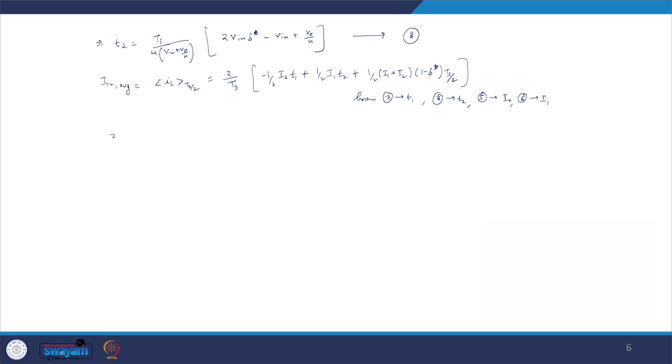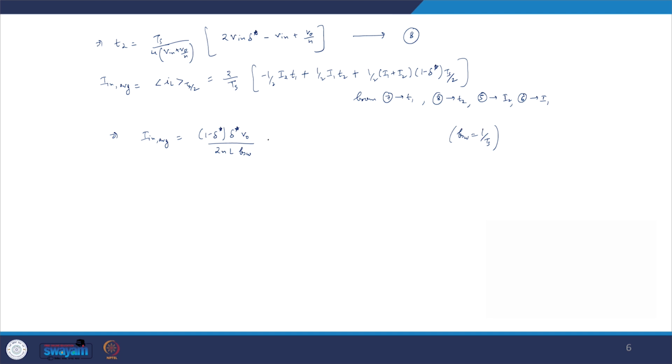Now, when we put these particular expressions of T1, T2, I2 and I1 into this big expression, what we get is I in average, which is equal to (1 minus delta star) times delta star times V naught divided by 2 L FSW, where FSW we can get as equal to 1 by Ts.